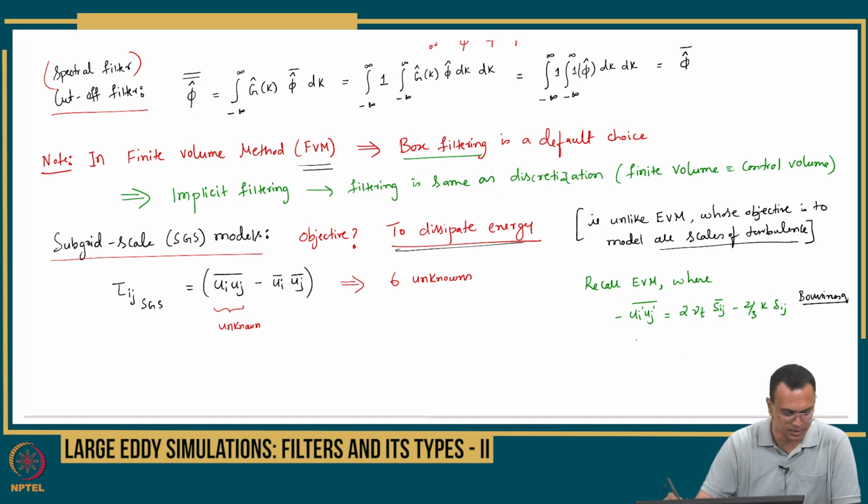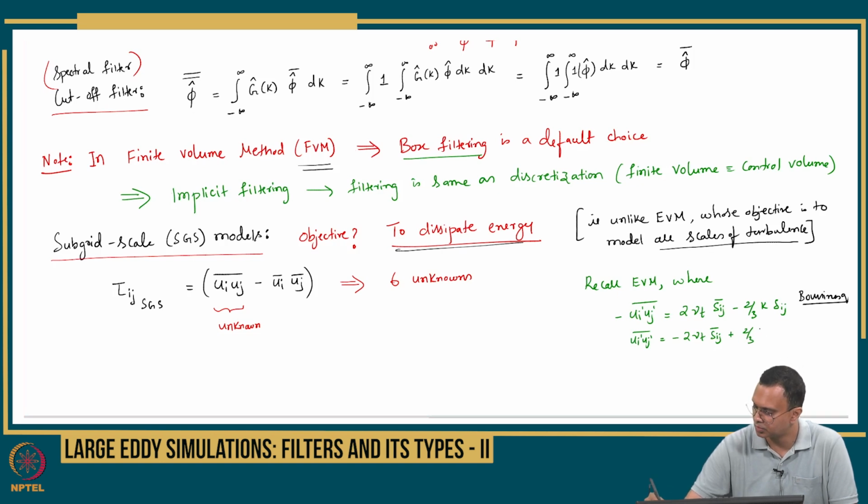So now I can rewrite this as ui prime uj prime average equal to minus 2 nu t Sij bar plus 2/3 k delta ij. What is k? K is nothing but half of ui prime ui prime average. So I can write this as half of ui prime ui prime average delta ij. Now there is a problem. I told you indices should not repeat more than twice. So I cannot have ui prime ui prime delta ij.